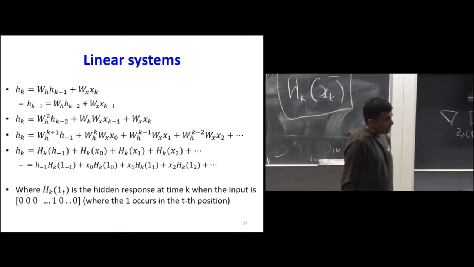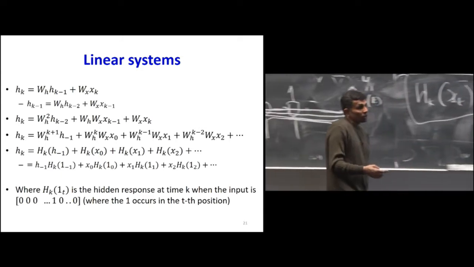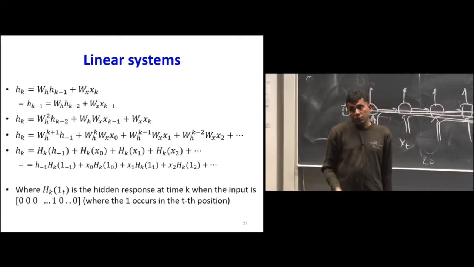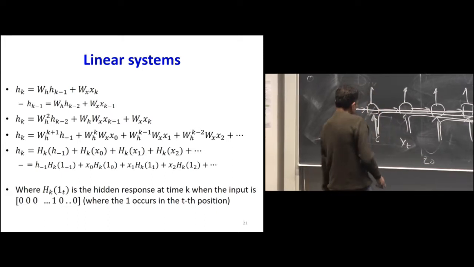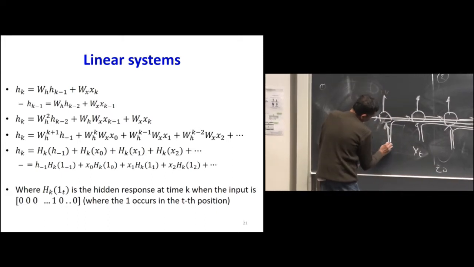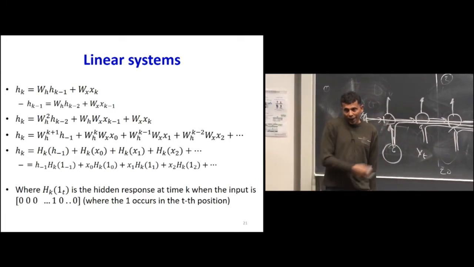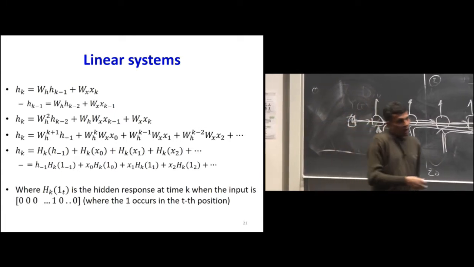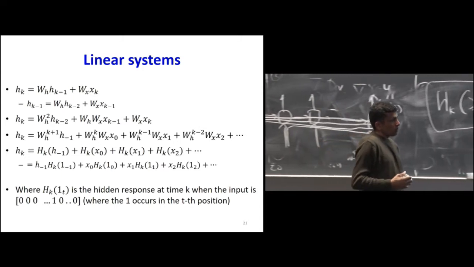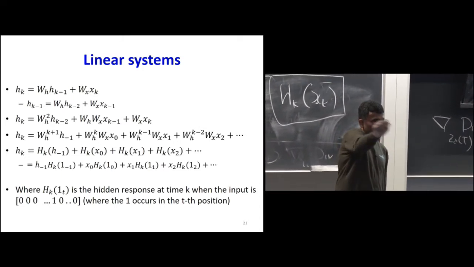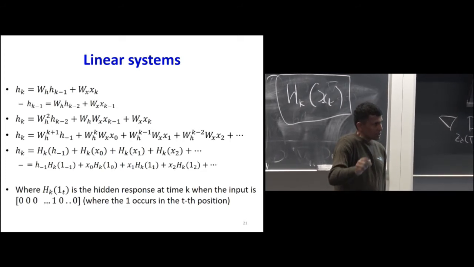In fact, if I'm looking for long-term response, do things blow up or not, all I need to consider is what happens as a function of time when I have an input over here and everything else is 0. If I understand this behavior, I understand everything about whether the system is going to blow up or not. So I give it an input at time 0, is the thing going to blow up as time progresses?